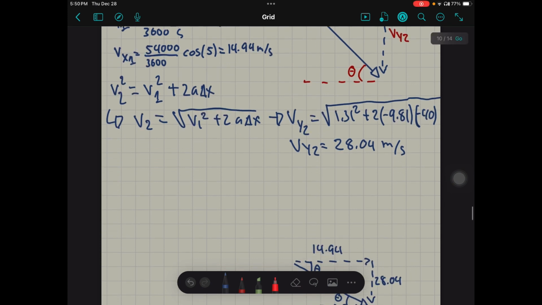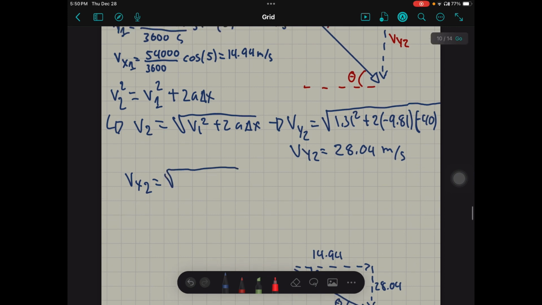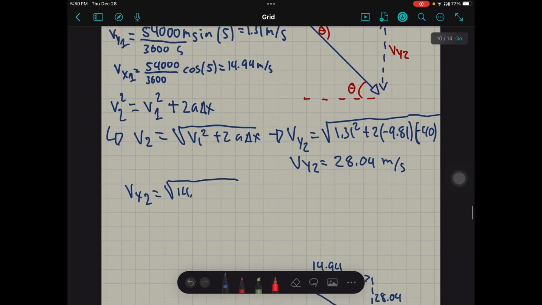Now we can do the same thing to find our velocity in the x direction. Vx2 equals the square root of 14.94 squared plus 2, and it's not accelerating in the x direction, so we multiply that by 0 and multiply that by delta x.